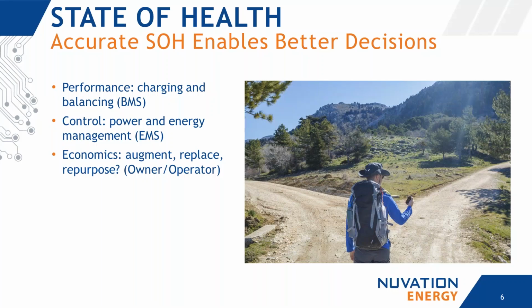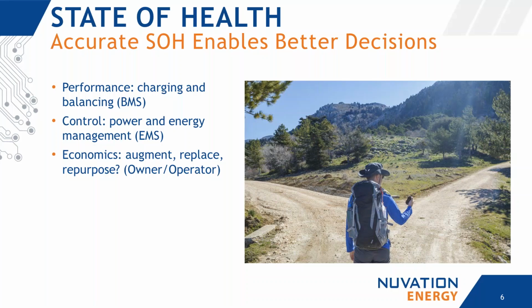And one way I like to look at state of health is something that enables better decisions. And this happens really across all levels of the problem. We can look at the BMS, and the BMS uses state of health to do better estimation of charge, to manage charge and maybe balancing activities more efficiently.